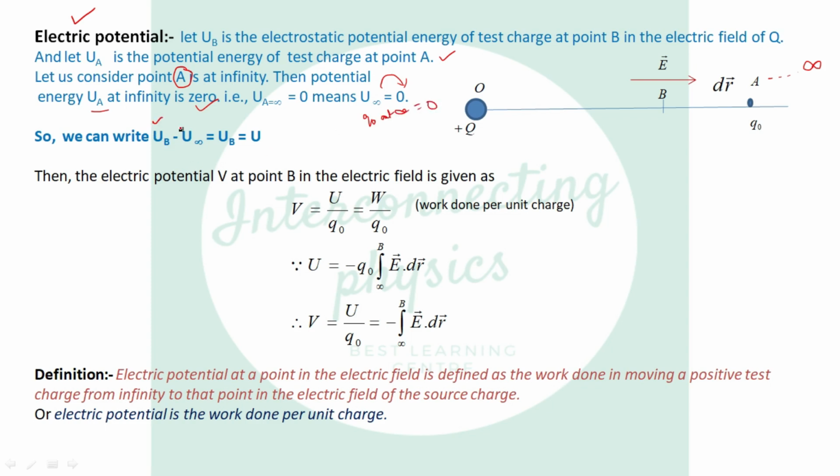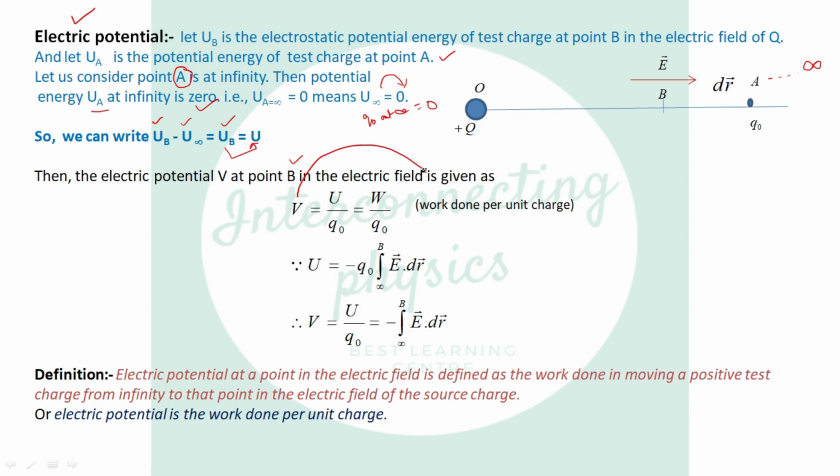So UB minus U infinity becomes UB, because U infinity is 0, and simply we can write it as U, that is electric potential energy. Now electric potential at point B is given as V equal to U divided by Q naught, that is work done divided by charge.